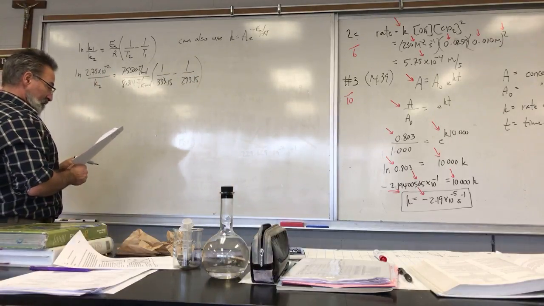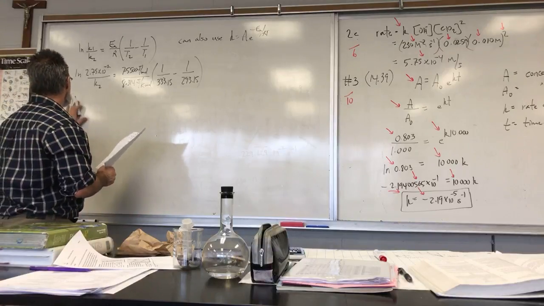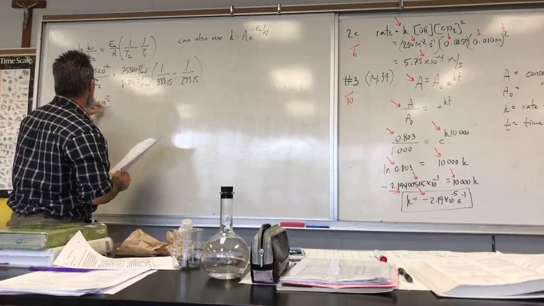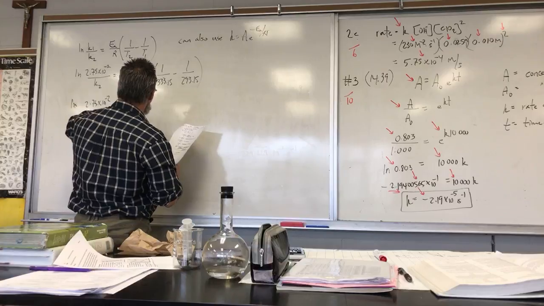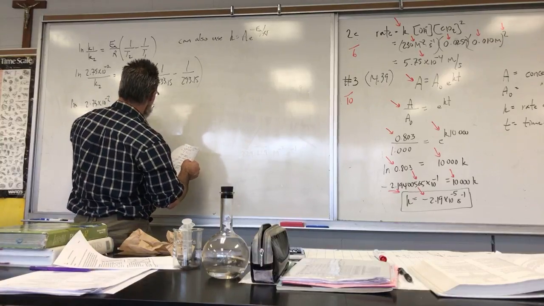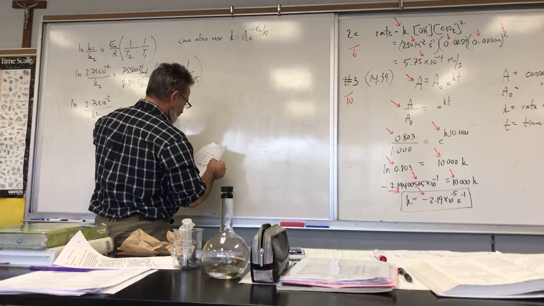So that comes out to ln of 2.75 times 10 to the minus 2 over K2 is equal to 9.081. I'm just going to write you all the numbers that came out in the calculator without any truncation error, no rounding error during the calculation.